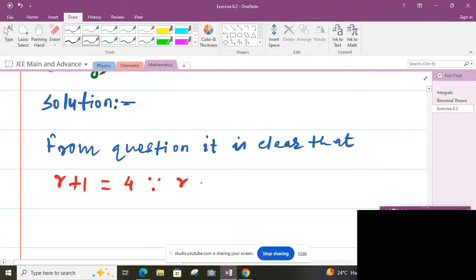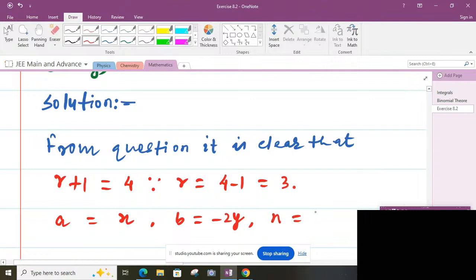Therefore here r will be 4 minus 1 equal to 3. And a equal to x and b equal to minus 2y and n equal to 12. Hope that there is no problem to understand this data.